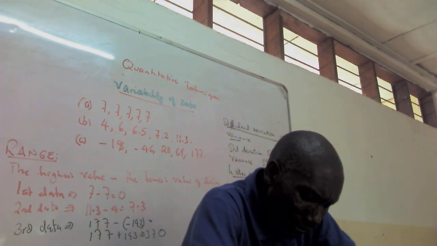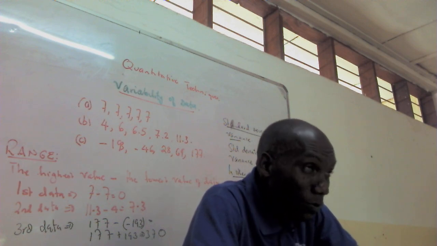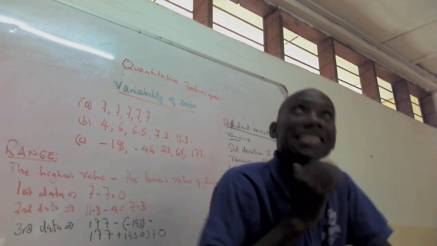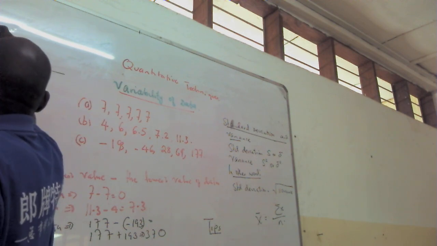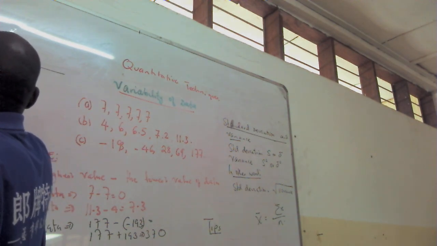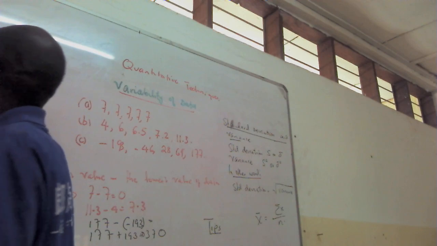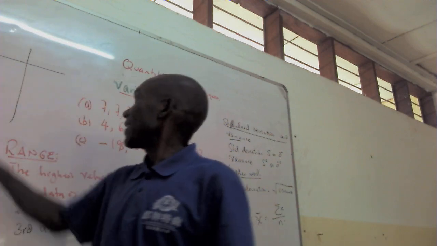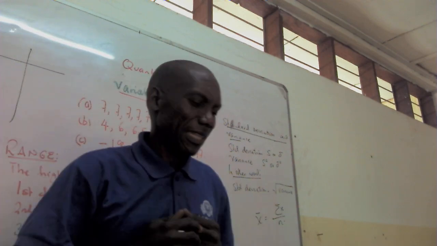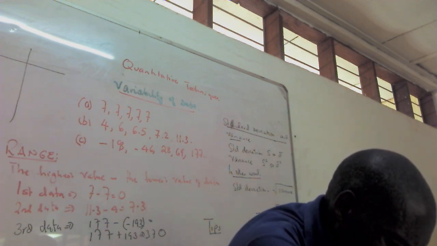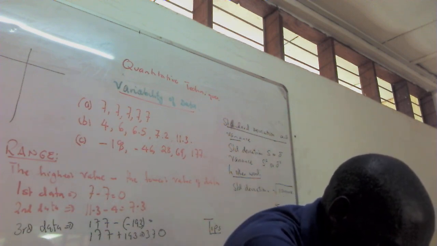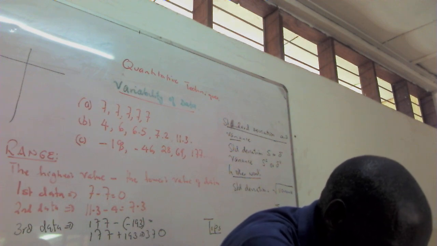The most important thing is, suppose I've got my readings X. You have all this data. For each reading X, calculate X minus X bar.